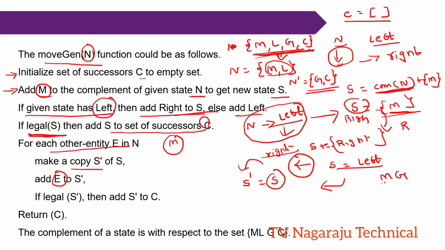In the next step, M only moves in the reverse direction. If placing this M in S dash is again legal, then add it. The same process is repeated. I think you got the point. So this is the way we implement the generate and test algorithm. That is the end of the session. Thank you.